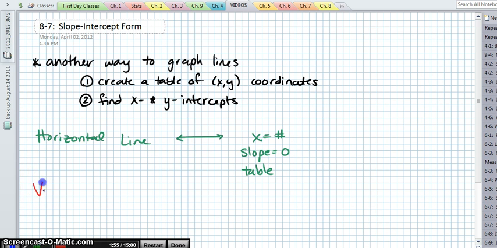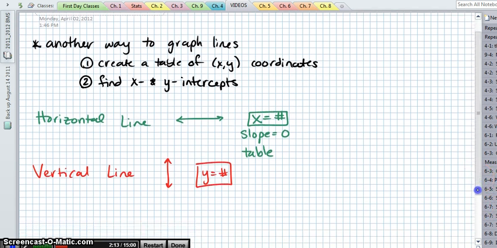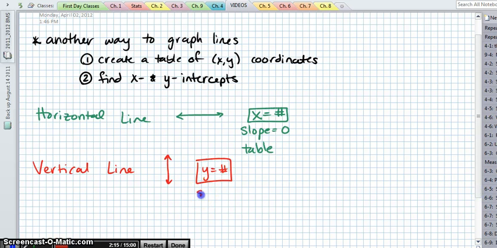The other is a vertical line. That, of course, goes up and down. That's the equation is y equals some number. I could put those in boxes because those are the equations we would be given. And in this case, the slope is undefined.